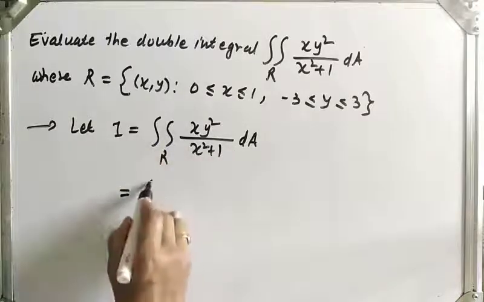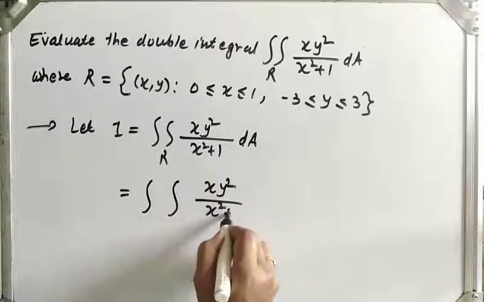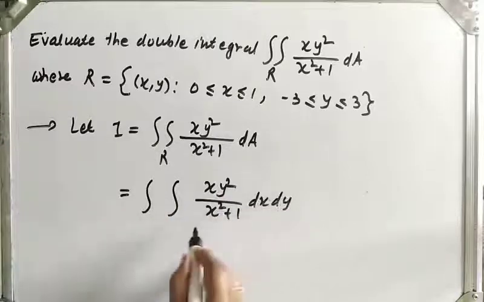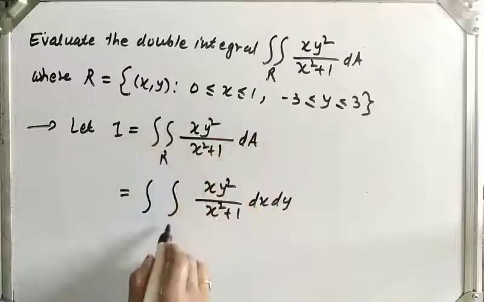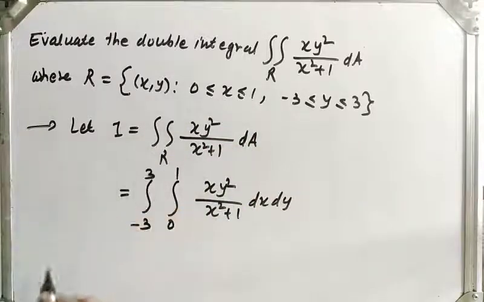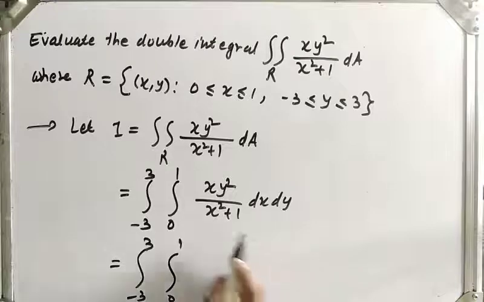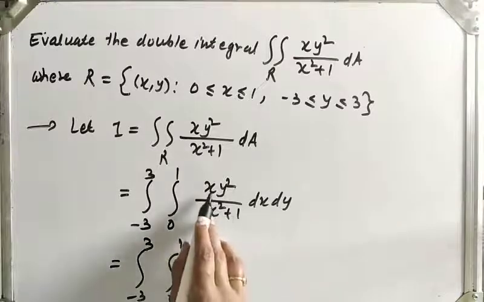So let us integrate with respect to x first and then with respect to y. The limits of x are 0 to 1, the limits of y are minus 3 to 3. So x square plus 1, its derivative is 2x.